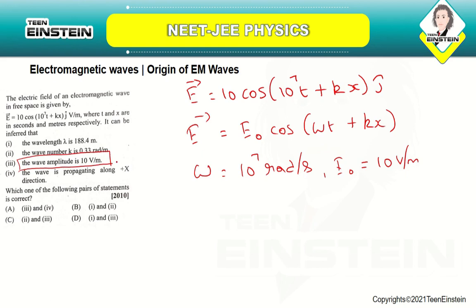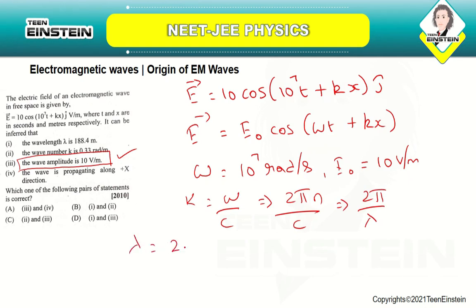So statement 3 is correct, and you know that the wave vector k will be omega by c, which is equal to 2 pi by lambda. So lambda will be 2 pi c by omega.